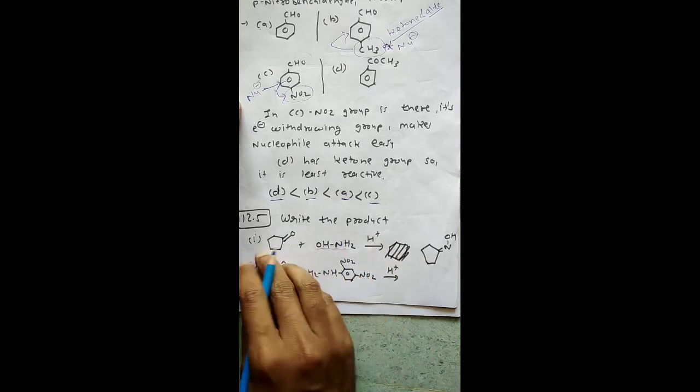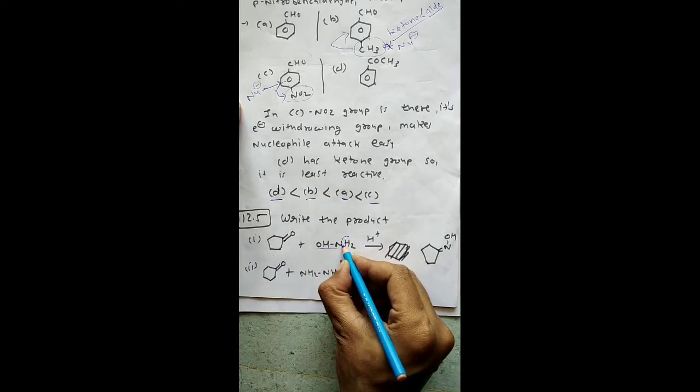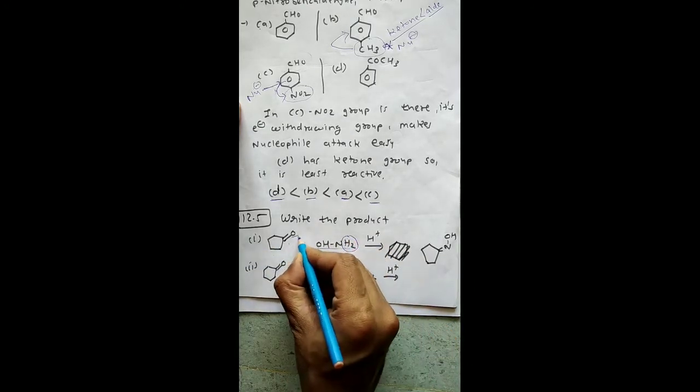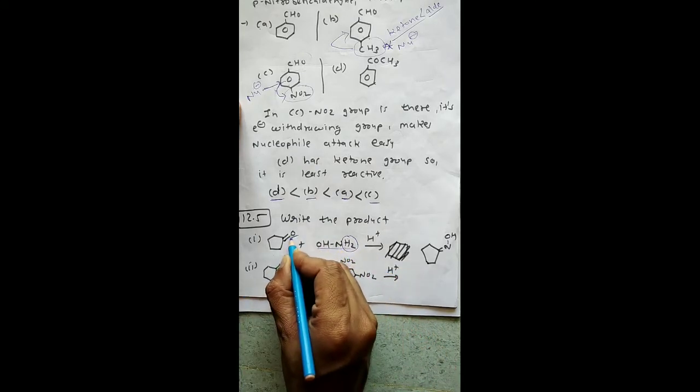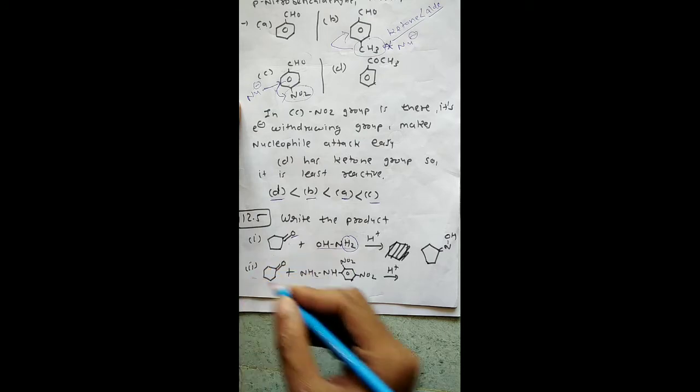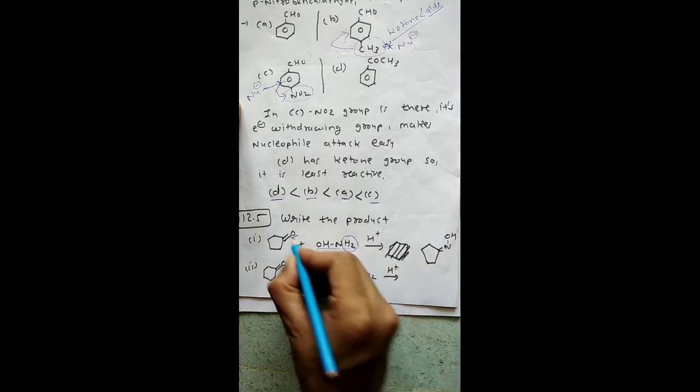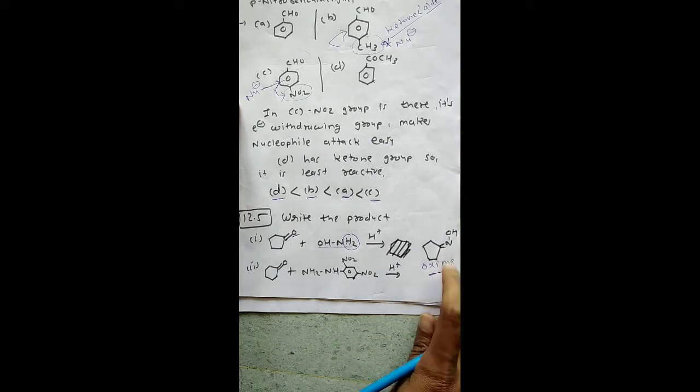What you have to do in this type of reaction? Remove H2 and O and attach the remaining part NOH on the double bond here. You can see H2 and O are gone here. Now on the double bond we have NOH. This one is called an oxime. The name of the product is oxime.